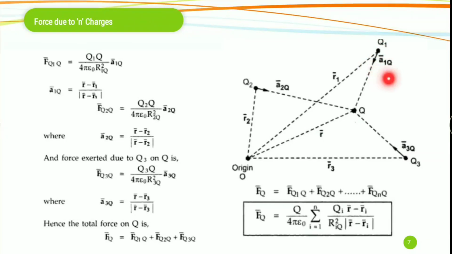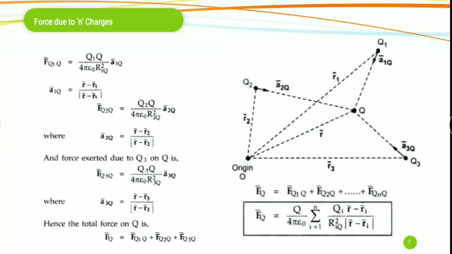A bar 1Q is measured with the help of these two vectors, that is R1 and R. It is a vector which is the resultant of R1 and R. So that's why A bar 1Q is written as R bar minus R1 by mod of R bar minus R1.